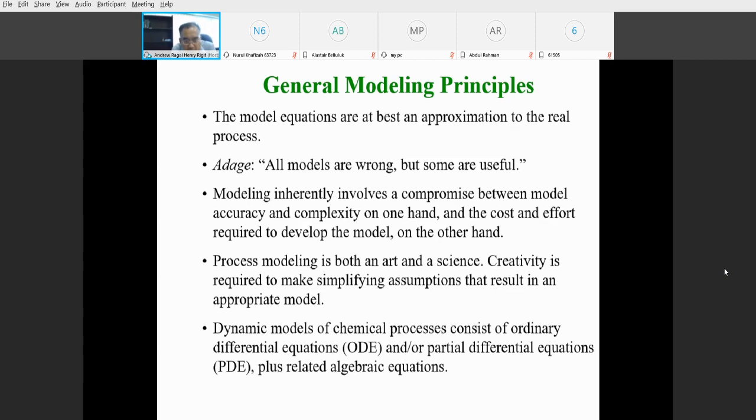So the dynamic models of chemical processes consist of ordinary differential equations or ODE and or partial differential equations PDE plus related algebraic equations. Any questions so far?